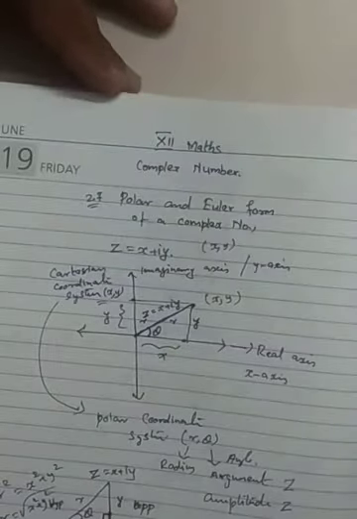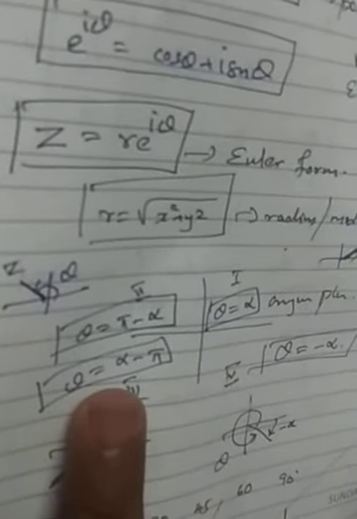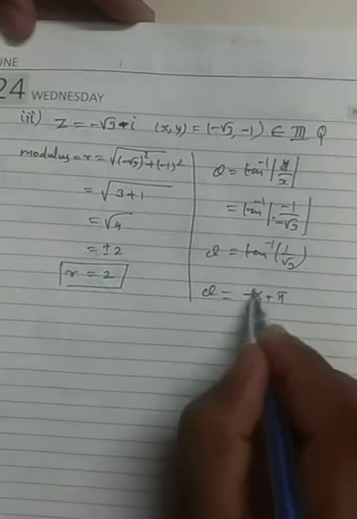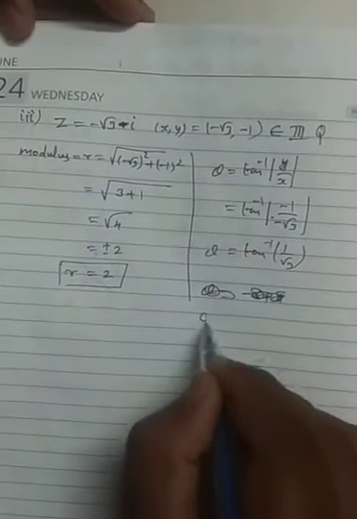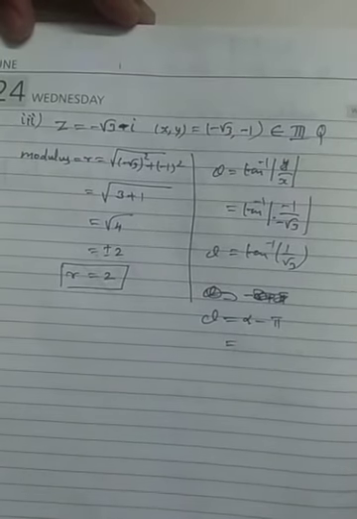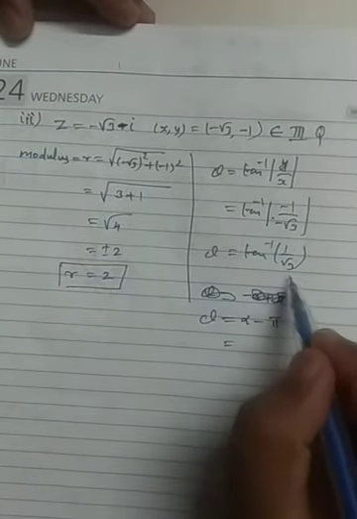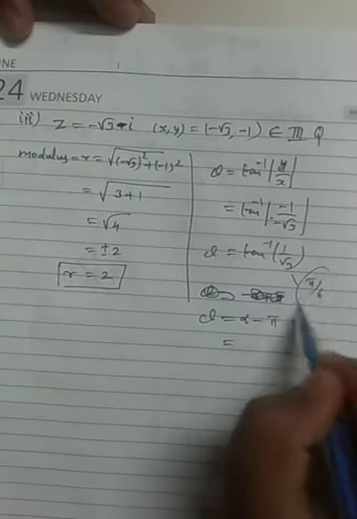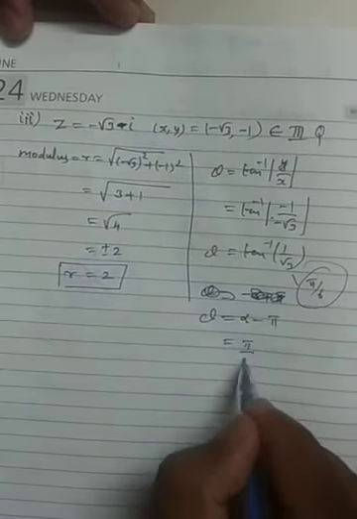You can see here the third quadrant is alpha minus pi. So that value we will write. The theta value is alpha minus pi. The alpha value we got here is pi by 6, same as last time. So it will be pi by 6 minus pi.